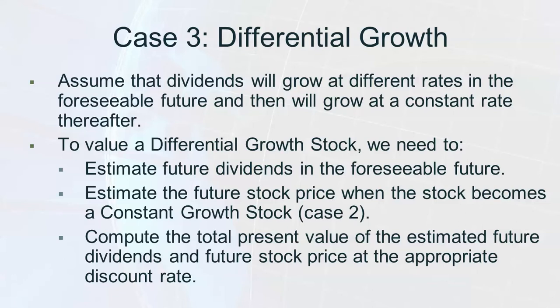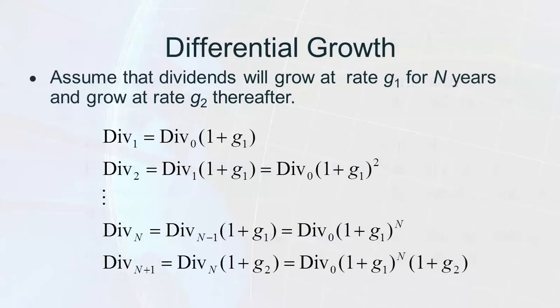That means you're going to use your second case, the constant growth formula, and compute the total present value of the estimated future dividends and future stock price using the appropriate discount rate. So these are the three things you're going to be doing. Let's look at this differential growth in a little bit more detail.